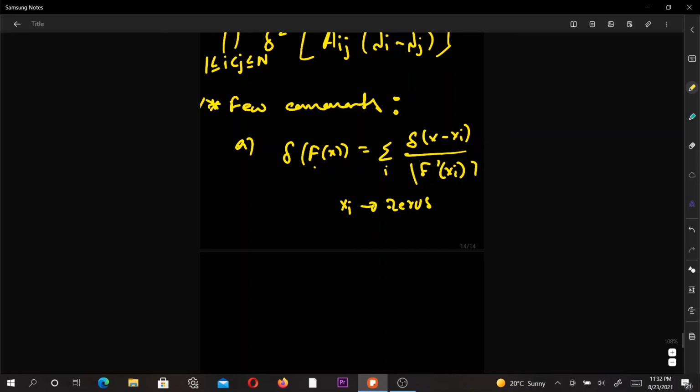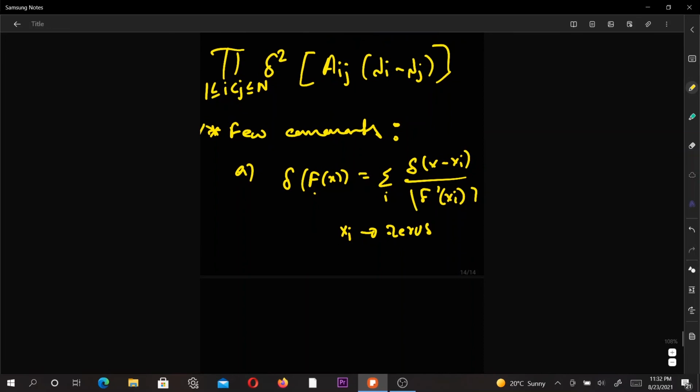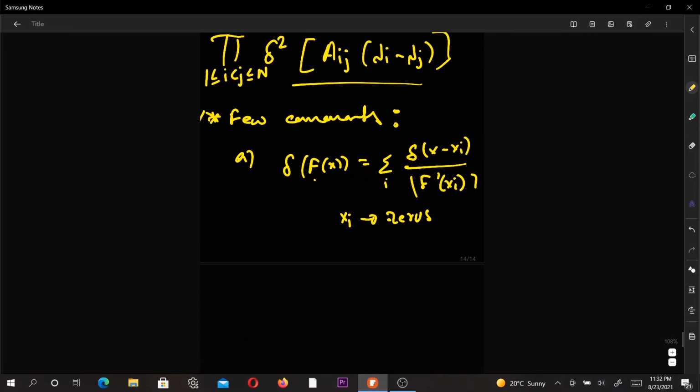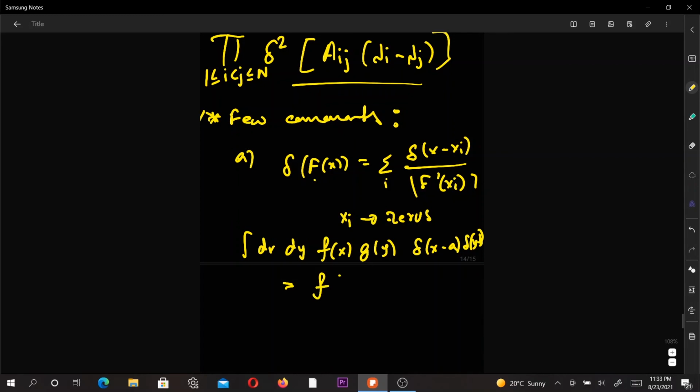So what we have to do is break the deltas. We have two deltas, right? And what do these deltas do? For example, if you have two functions, f of x, g of y, and delta of x minus a, delta of y minus b, and you evaluate your integral, you get f of a and g of b.